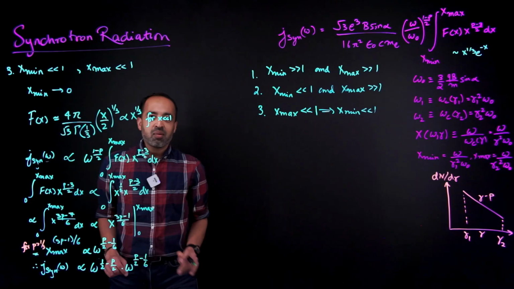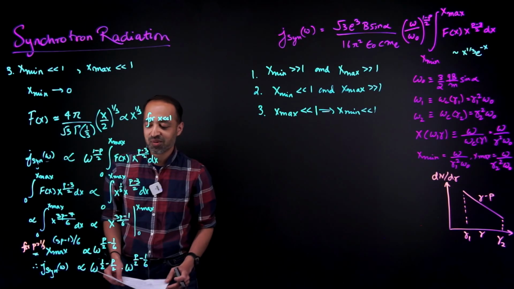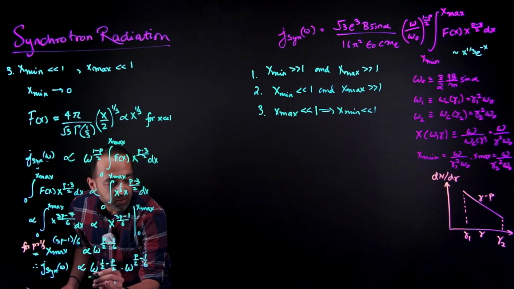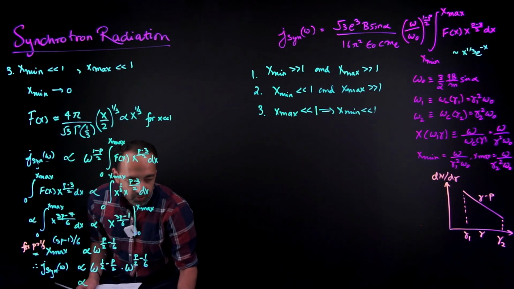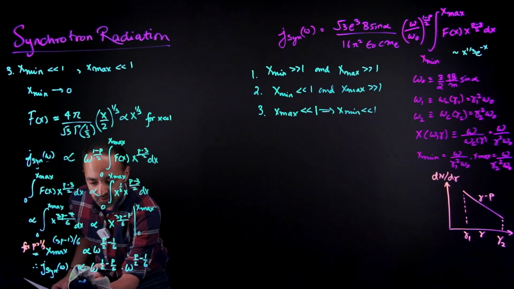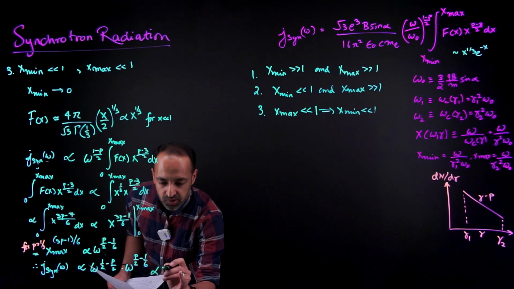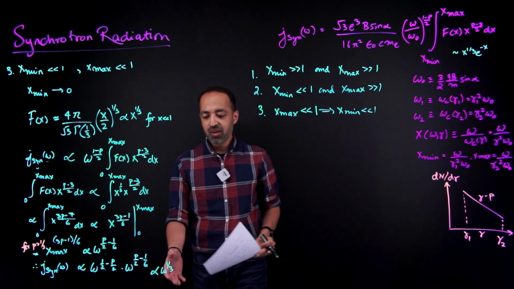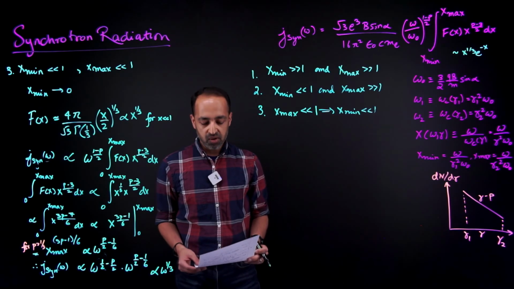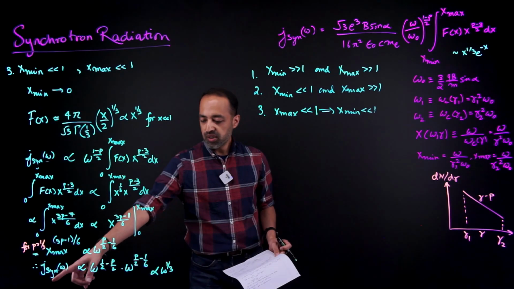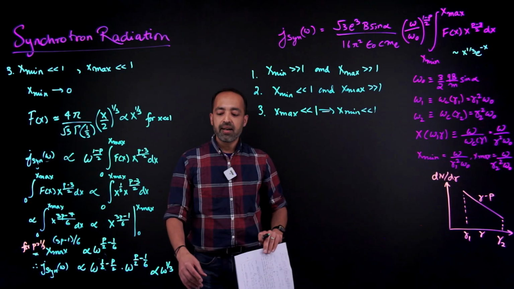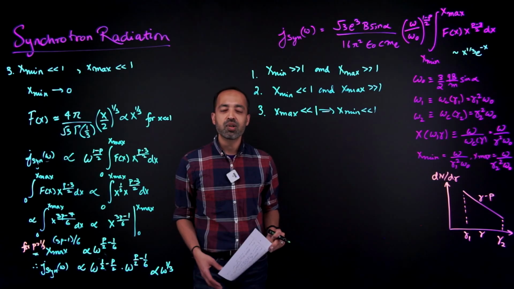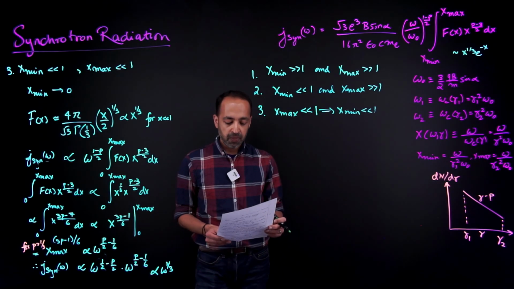And now, behold, the minus p over 2 and plus p over 2 cancel, and we are left with this being proportional to, can you still see it if I write down there? Maybe not so well, so let me put it up here. This is proportional to omega to the half minus 1/6, which is omega to the 1/3. And so there we have our power of 1/3. And so here our j sin of omega is proportional to omega to the 1/3. It is independent of p in this particular regime. It's just a constant 1/3.